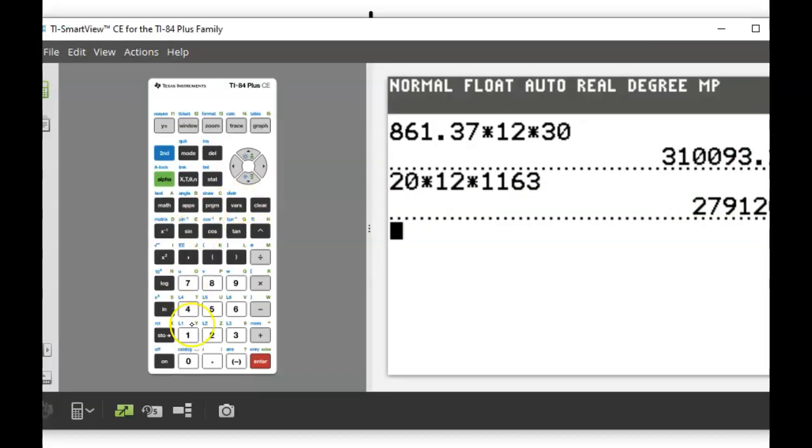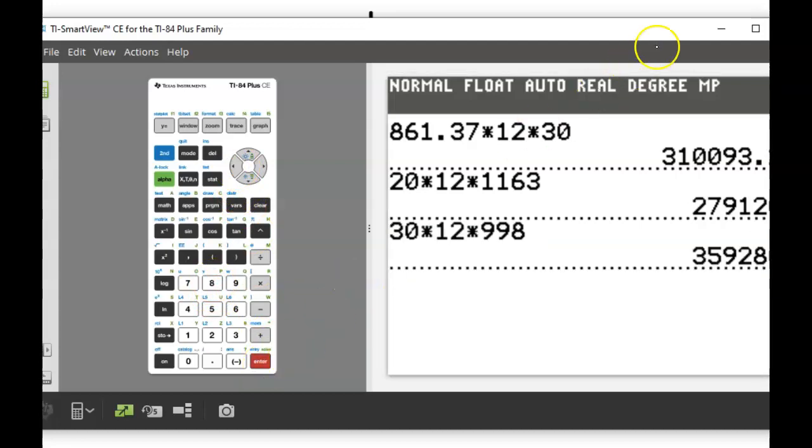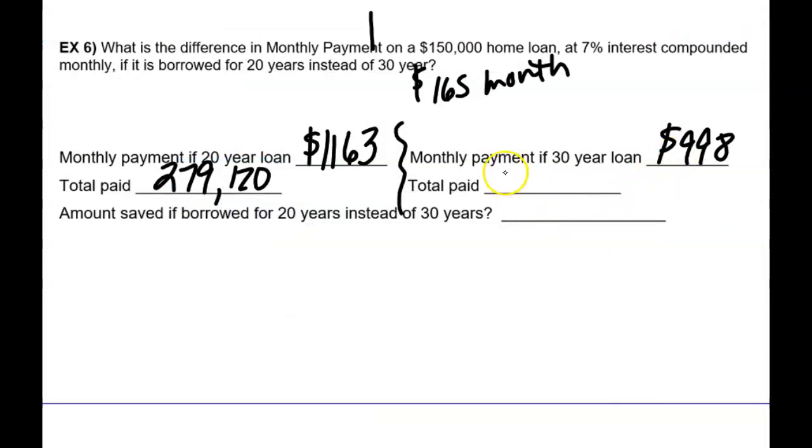If we borrowed for 30 years, it would be 30 times 12. Was it 997? 998 rounded to? 359,280. Okay. Can you subtract those two amounts, somebody?